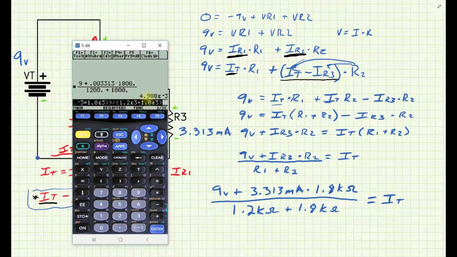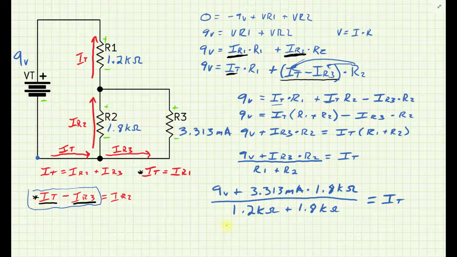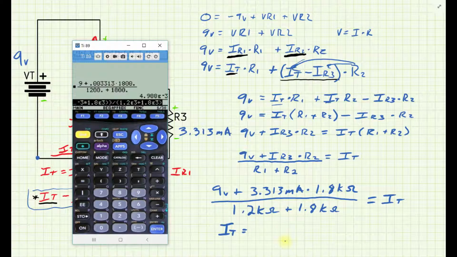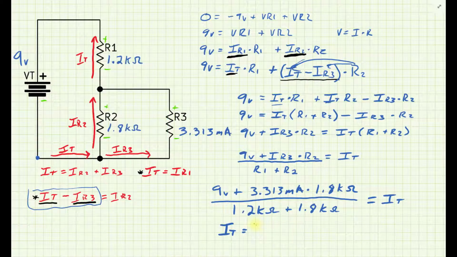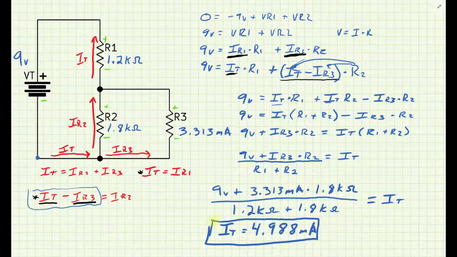And so my answer, IT equals, let's bring it back real quick, 4.988 milliamps. So there's my answer. Now that I have I total, I can find the voltage of R1.